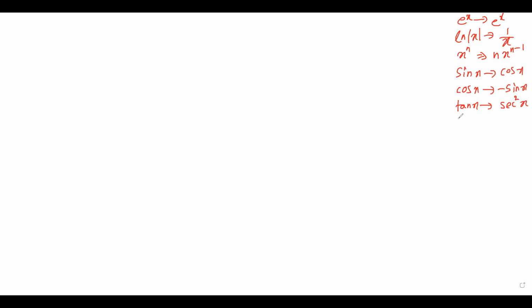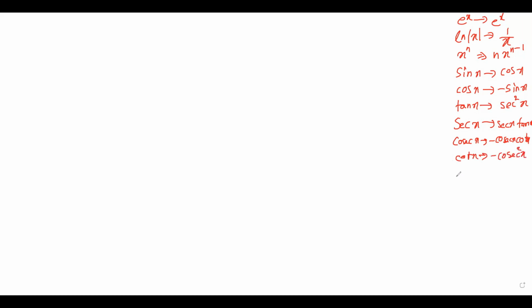And sec x gives sec x tan x. Cosec x gives minus cosec x cot x. Cot x gives minus cosec squared x.